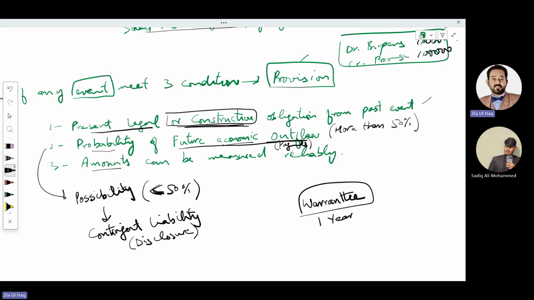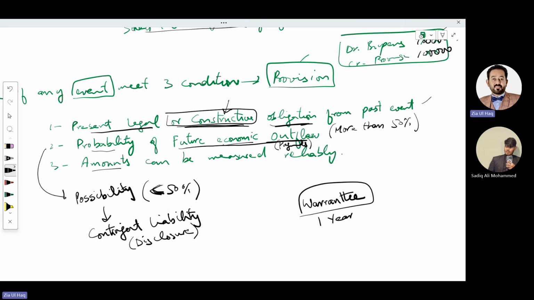If the company has provided a warranty and published it, this means there is a present constructive obligation from a past event, meaning in the past you have sold and provided warranty, and this obligation is not imposed by any other party. This obligation is constructed by the company itself by providing warranty because they have published it.